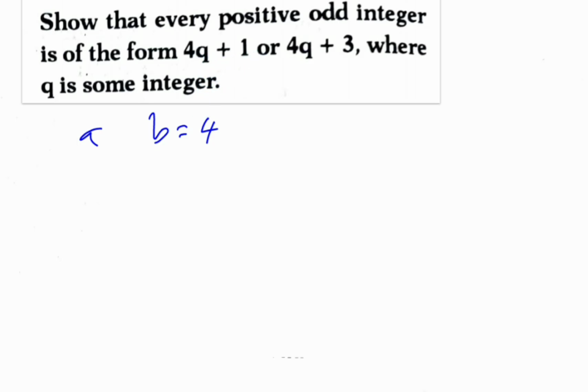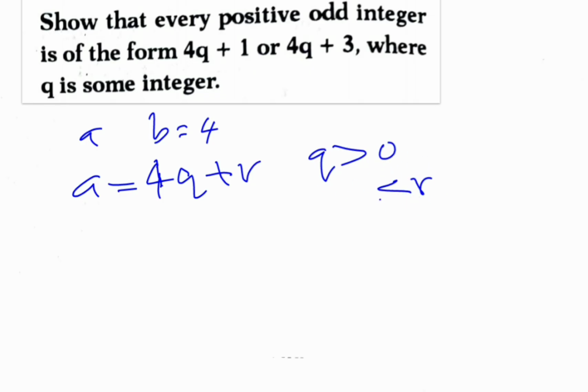Now we can write the division algorithm for this: a equal to 4q plus r, where q is greater than 0, and r lies between 0 and b, that is 0 less than or equal to r less than b.